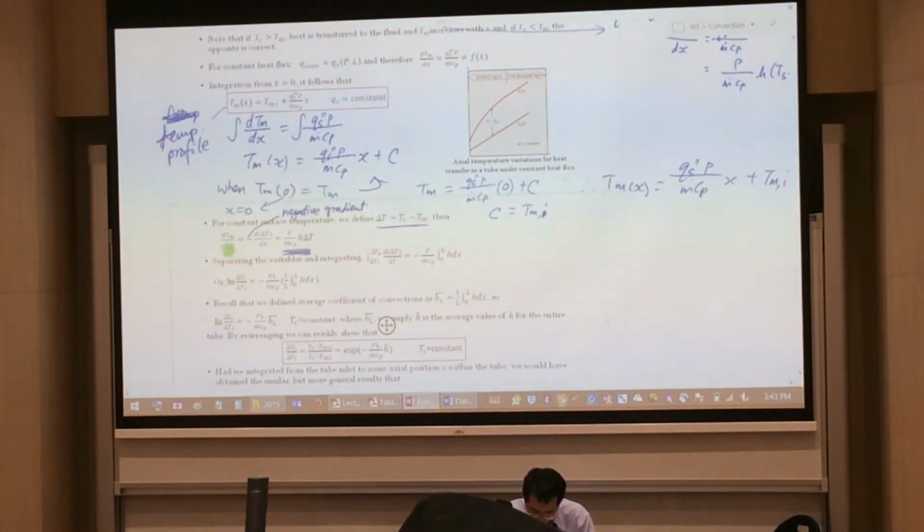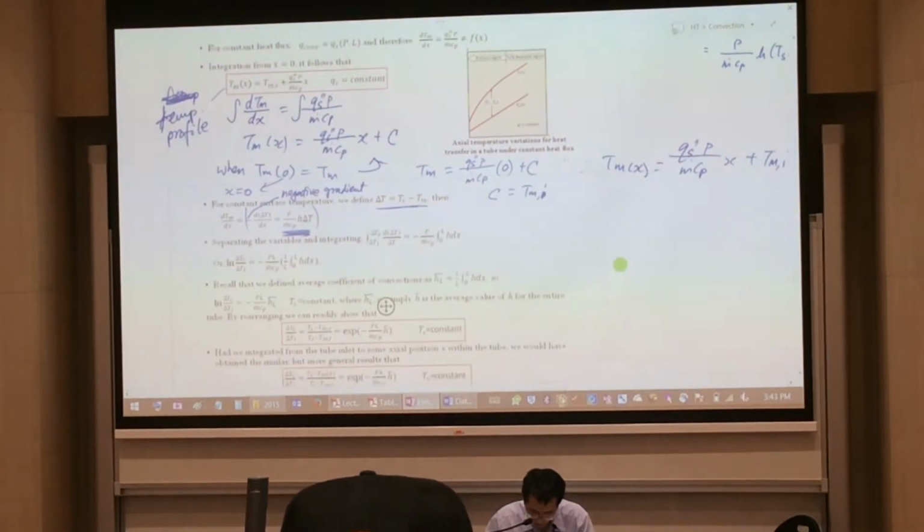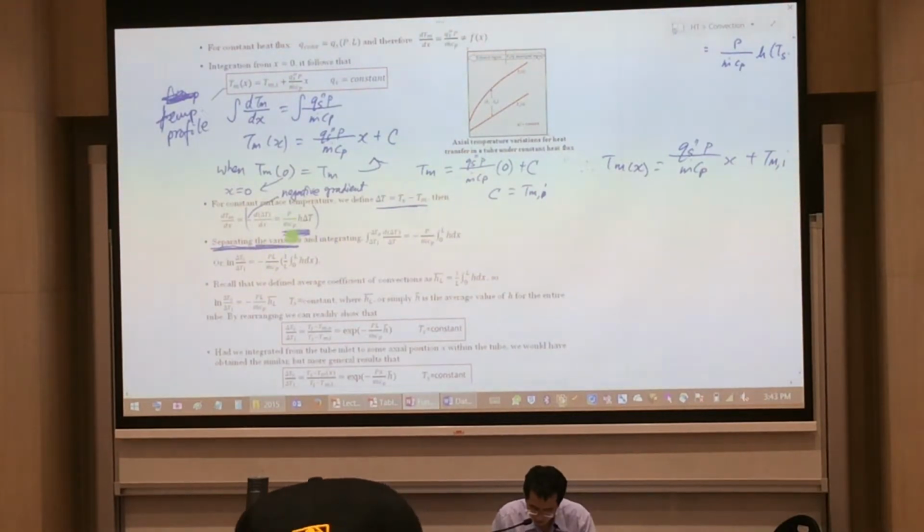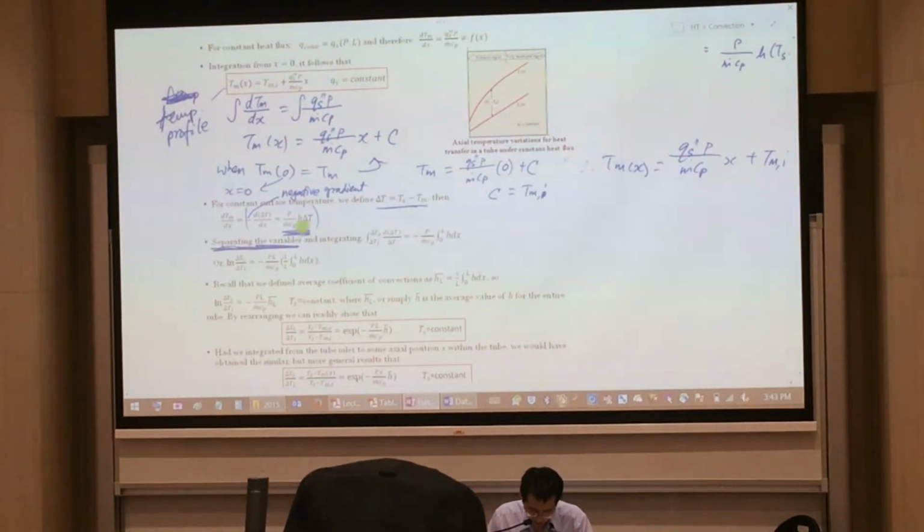The next thing is to make use of this equation over here, using the mathematics technique of separating the variables. If you're not familiar with separating the variables, no problem, I'll walk you through. You can see that dx can be moved to the right-hand side.